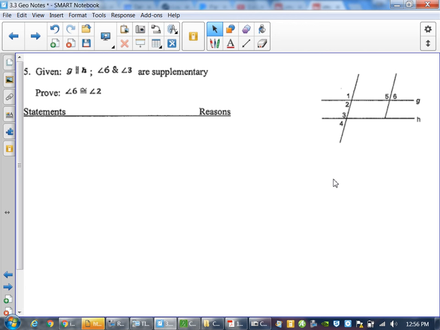If this is 160 degrees, and this is 160 degrees, and this is 20 degrees, are both of these angles supplementary to the same angle?